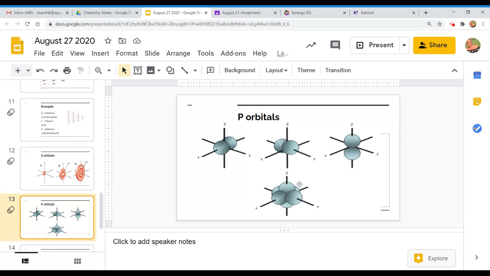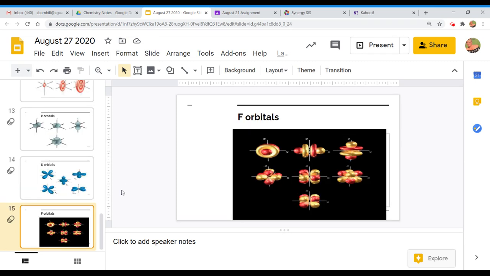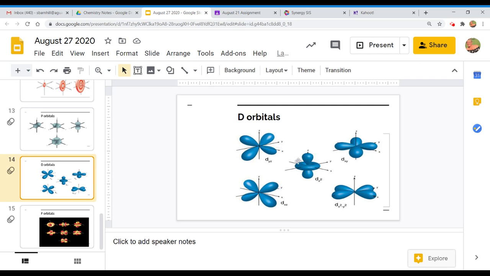Then the d orbitals, you've got 4 of these kind of flower shaped sets, and then 1 with a dumbbell and a donut in the middle. That's what the 5 d orbitals look like.